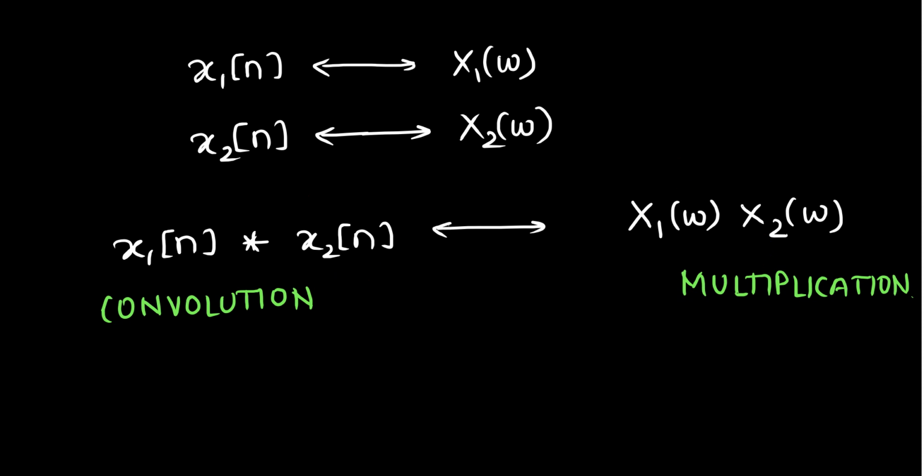So now let us look at what happens when we multiply two discrete Fourier transforms of these two signals. Let us find out what we get in the time domain when we consider this X1 of k into X2 of k.